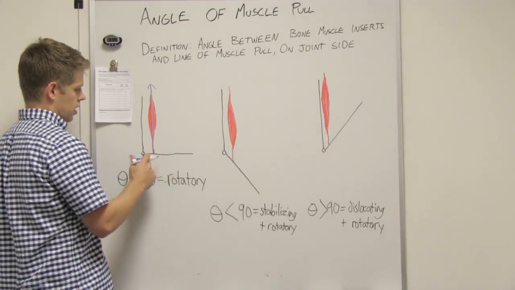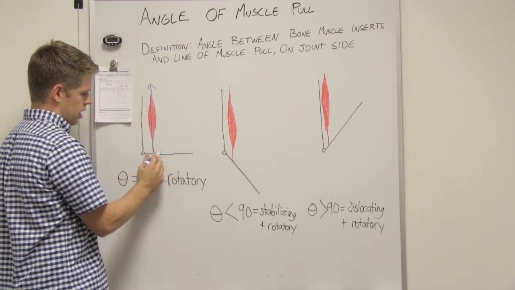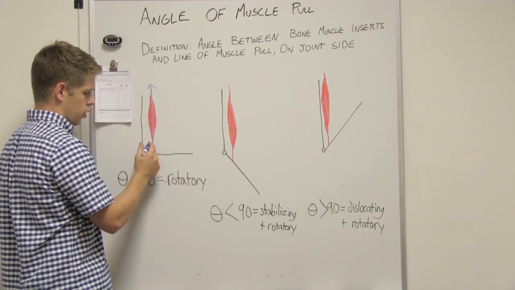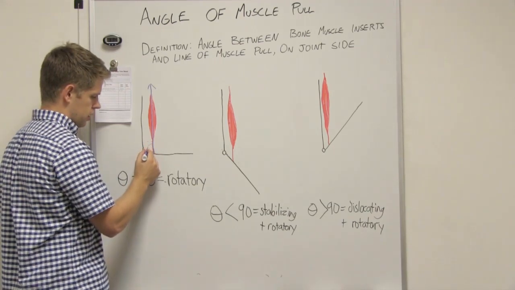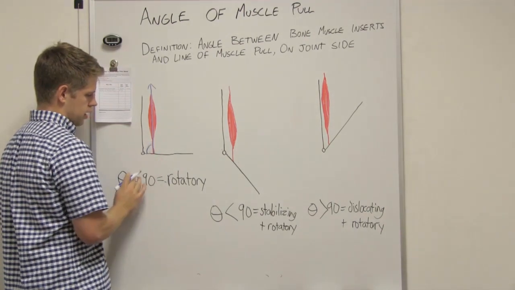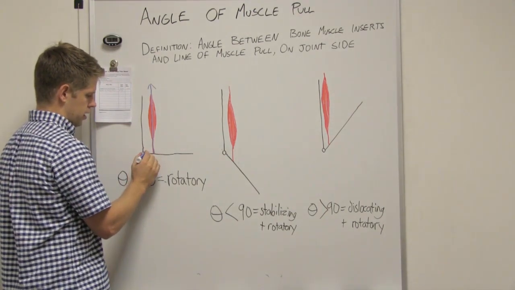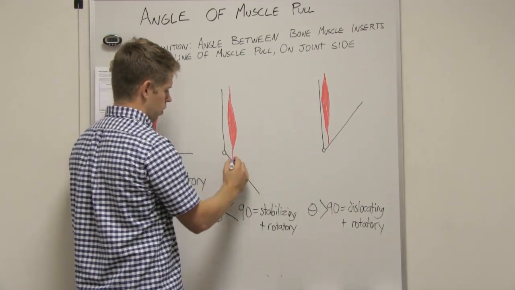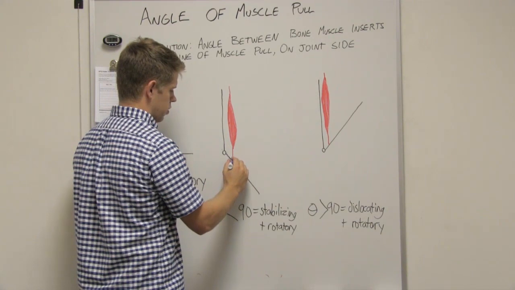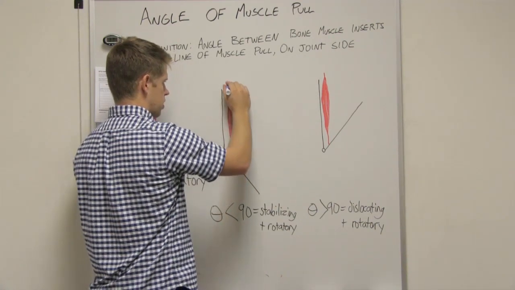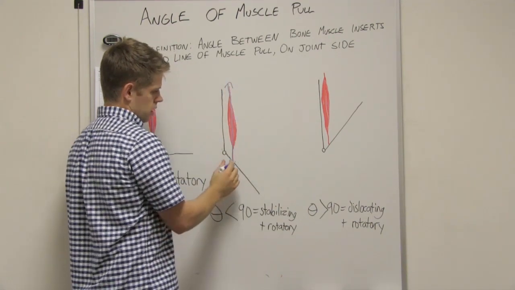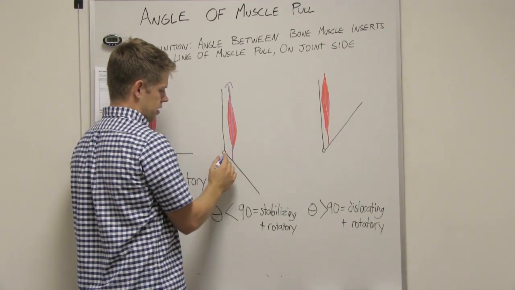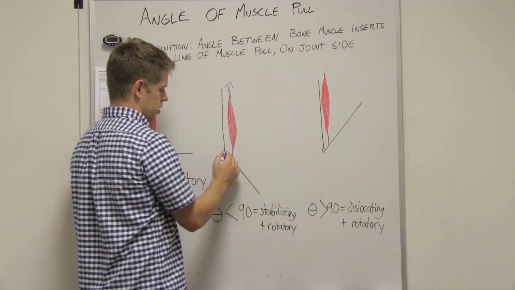Remember, the line of muscle pull and the bone upon which the muscle inserts, on the joint side. Here we have an angle that is a 90-degree angle, so I'll make the 90-degree angle sign. Then here, the line of muscle pull: starting from insertion, going up to origin in the middle of the muscle, between the bone and the line of muscle pull on the joint side, so not here, but here.